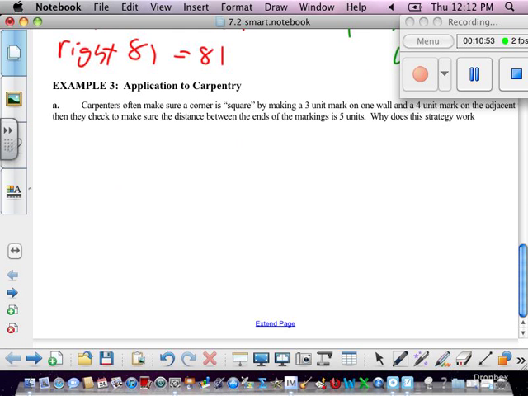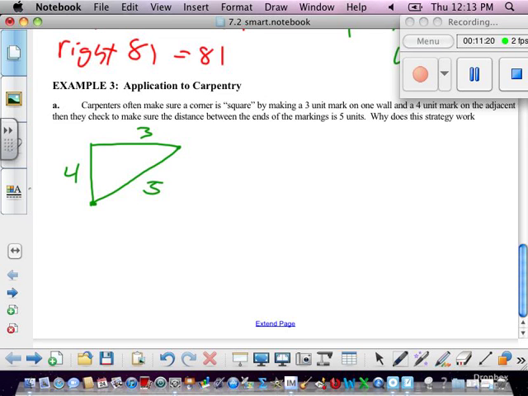I can't get a protractor in that corner to check that it's 90 degrees. So we have one wall and we mark off 3 long. We have another wall, we mark off 4 long. Then we measure the distance between those 2 points, and it's 5. Do I know that's a 90-degree triangle?